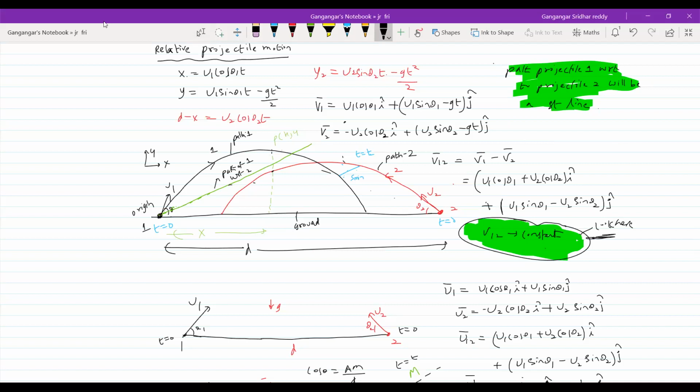If you draw, you assume values U1, theta 1, U2, theta 2, then you can exactly tell where that M will come in the path. So from the diagram, the M should come somewhere here. Dot I'm putting, somewhere it should come perpendicular. It's not up to scale. Otherwise you'll get confused. So this is theta 1.